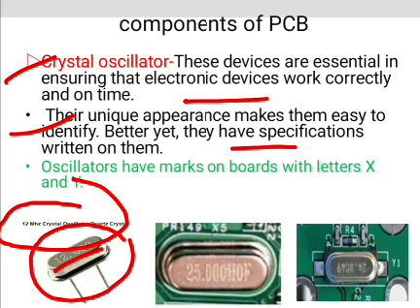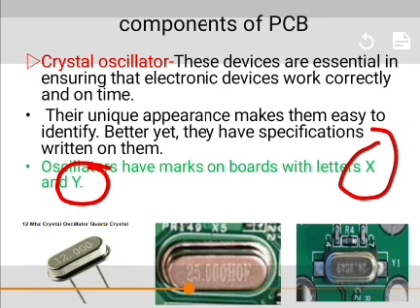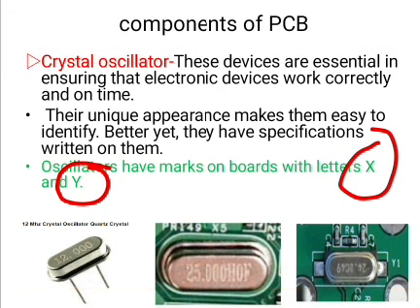X and Y are often the indication of a crystal oscillator on the PCB board. So this is the Y and this is the X indication on the PCB board.